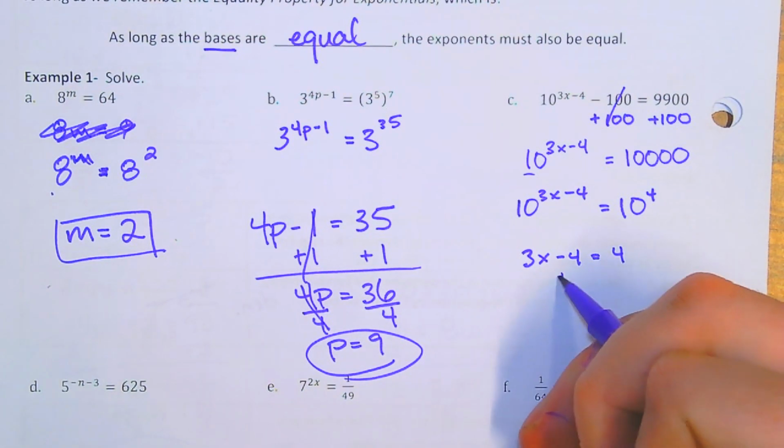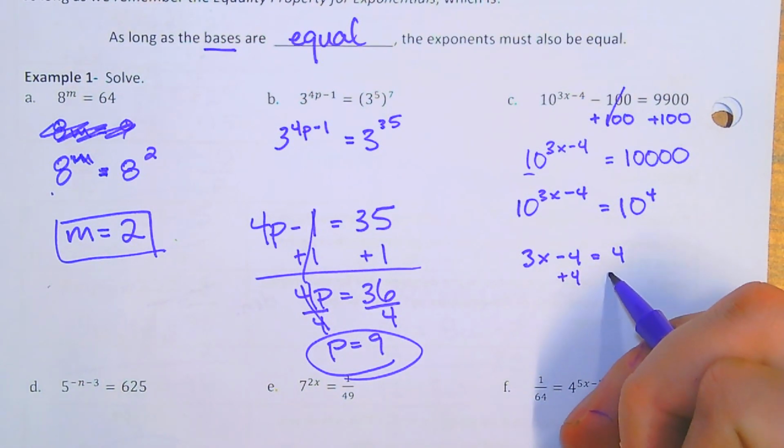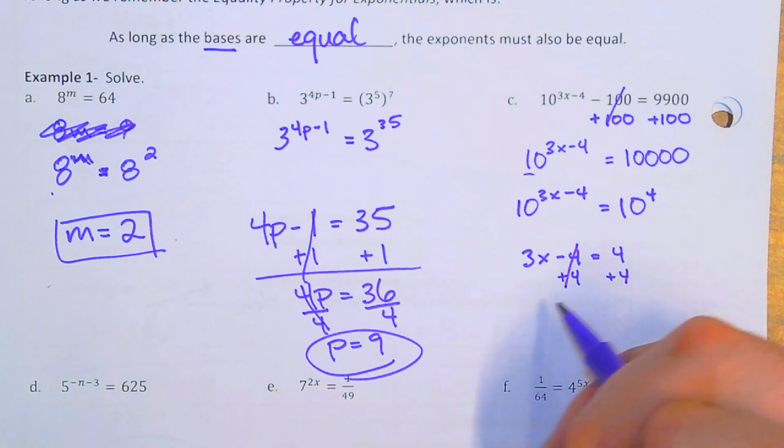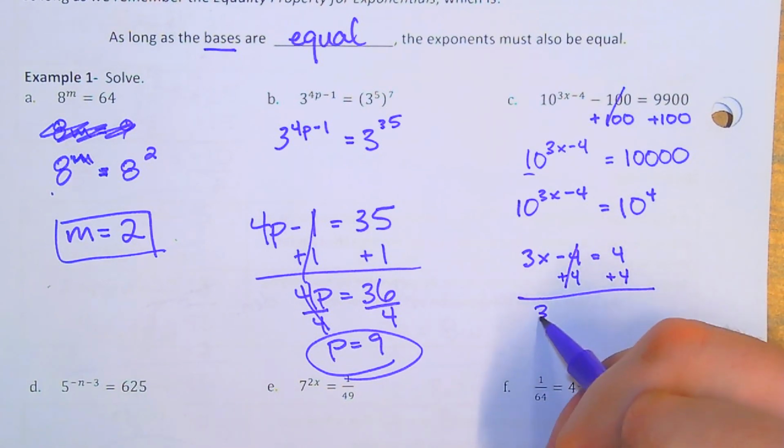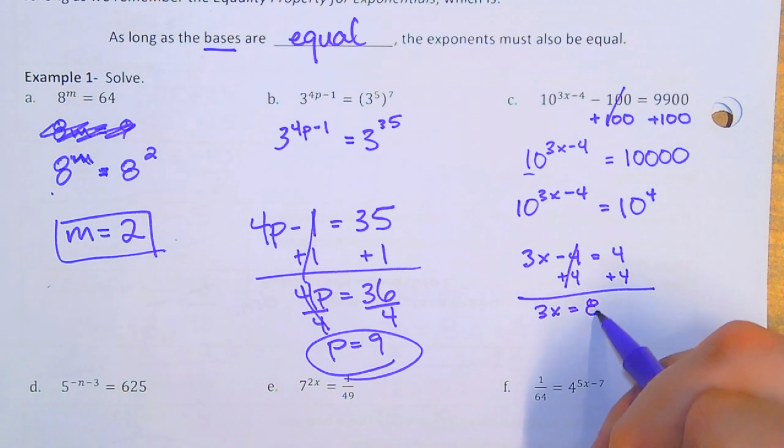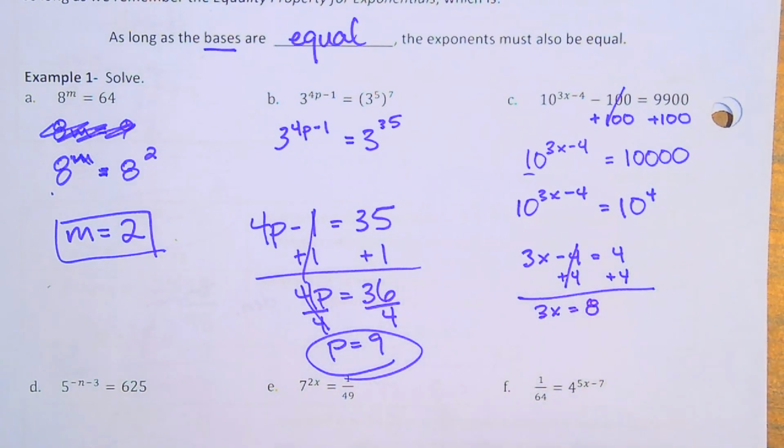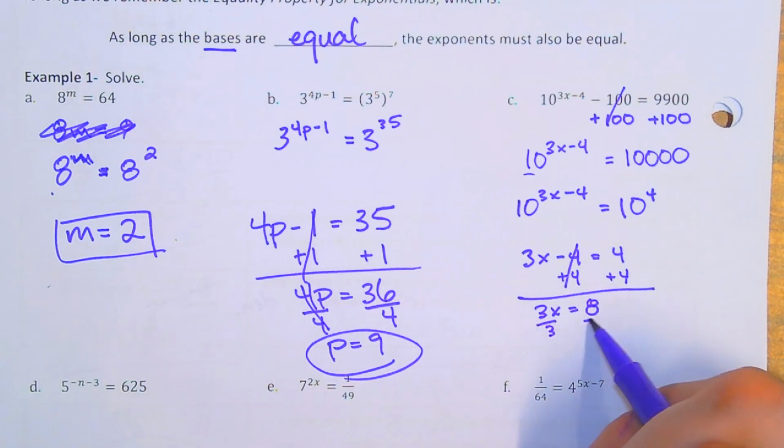Okay, add your 4 to both sides. Our 4's cancel. We get 3x equals 8. Okay, divide both sides by 3.